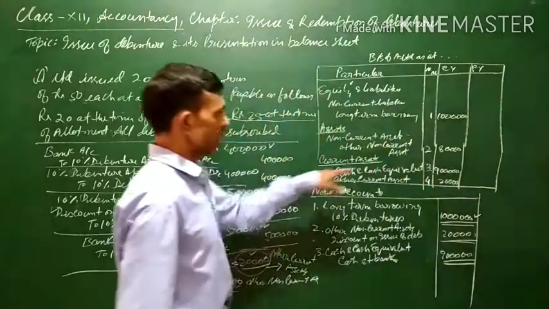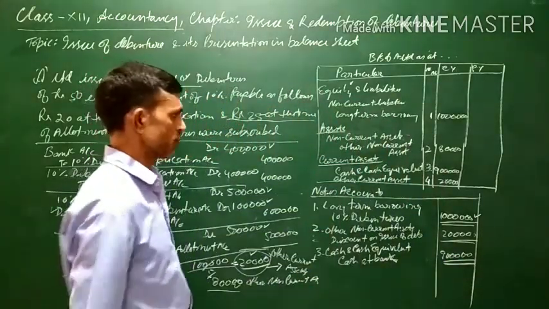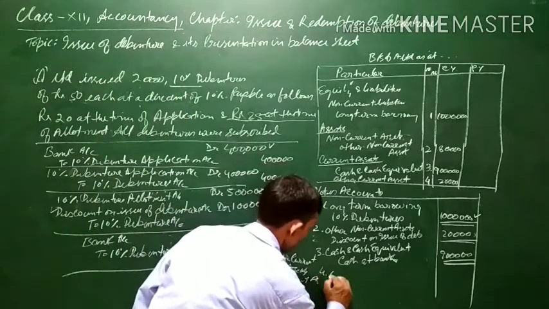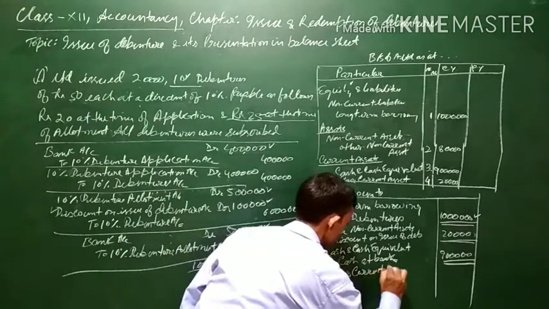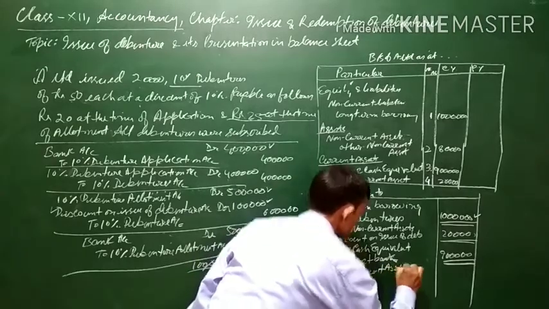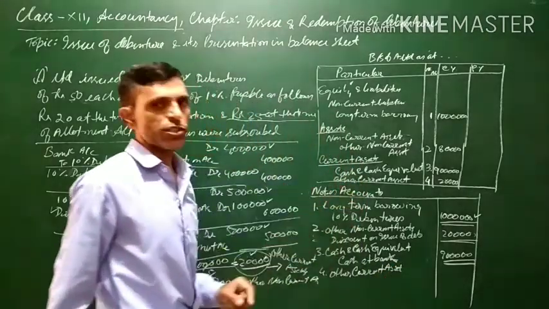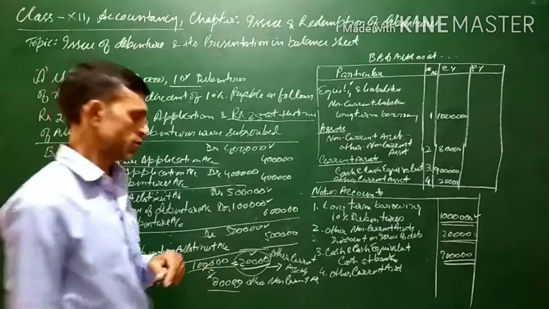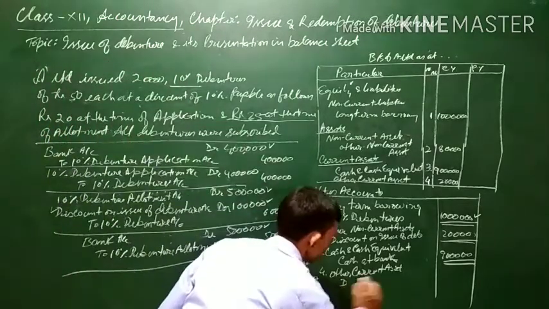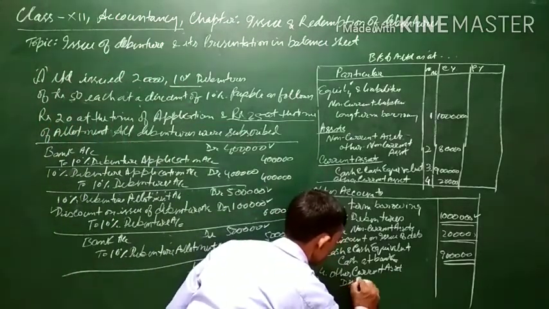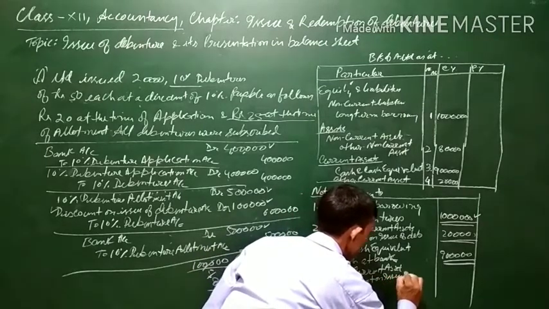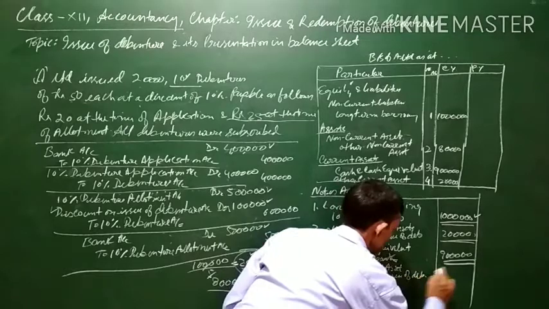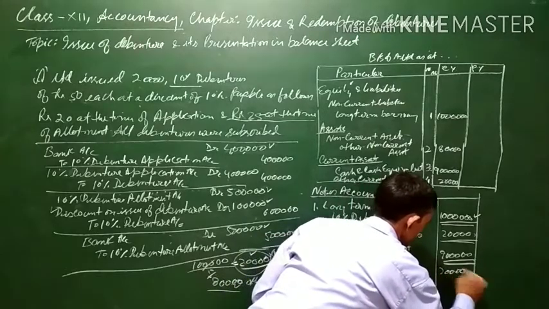And then lastly, the fourth, other current assets. What is this other current asset? This is again the discount on issue of debenture. So we will write here discount on issue of debenture, 20,000.